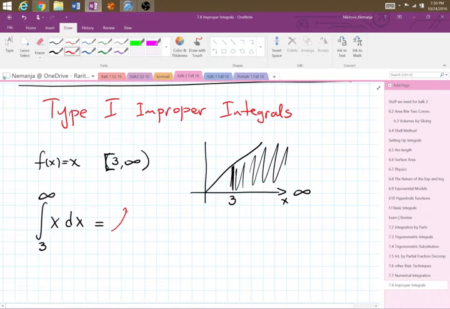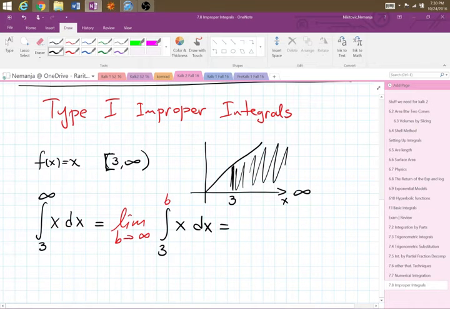So, limit as b goes to infinity, the integral from 3 to b of x dx. You see what I did?